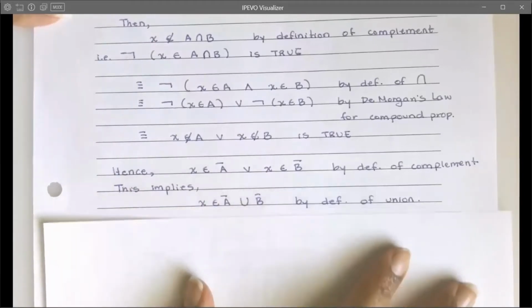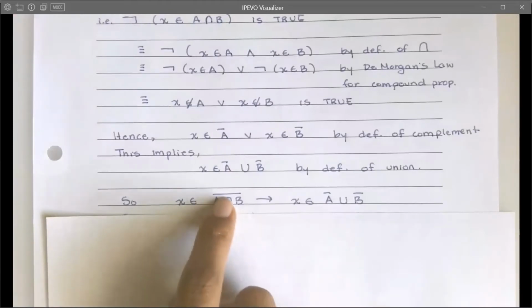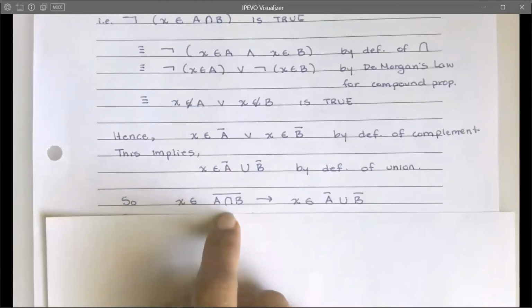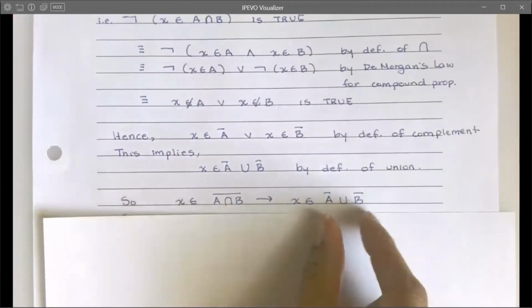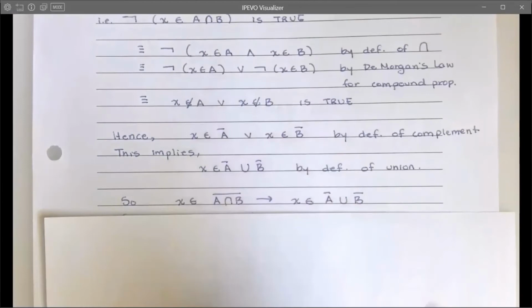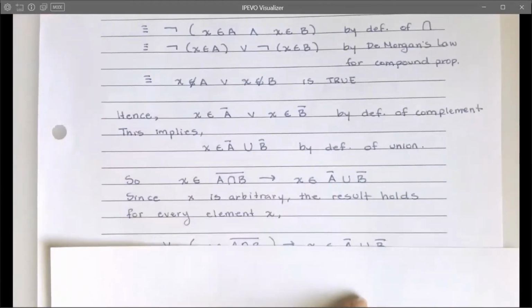So what have we shown then? We've shown that if x is an element of the complement of the intersection, then x is in the union of the two complements. And since x was arbitrary, that result is going to hold for every element x.